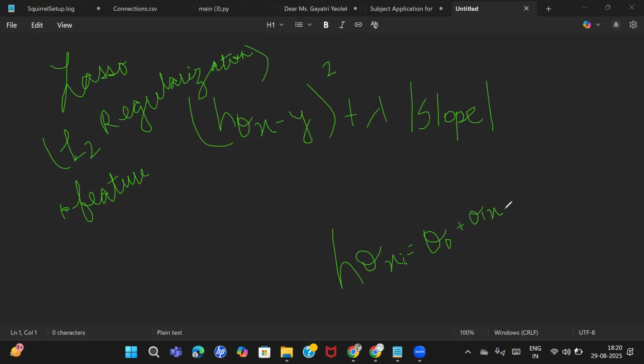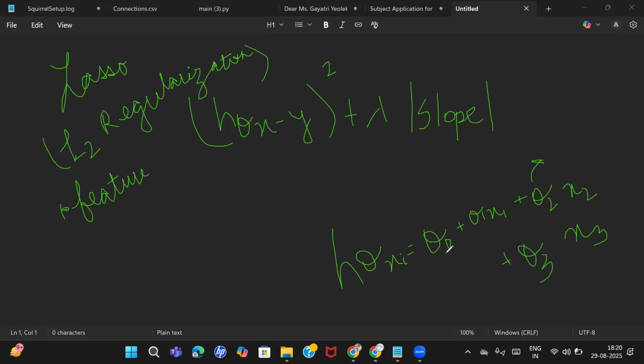theta 1 x1 plus theta 2 x2 plus theta 3 x3, right? So my theta 1, theta 2, theta 3 are nothing but the slopes, right? And if this slope value is very, very small, what will happen is these features will ultimately be neglected.